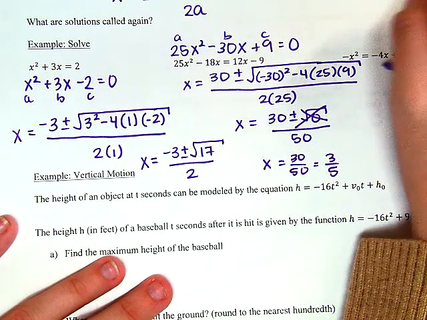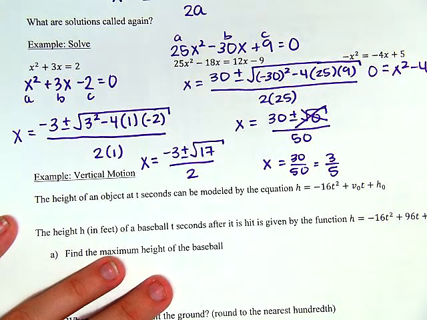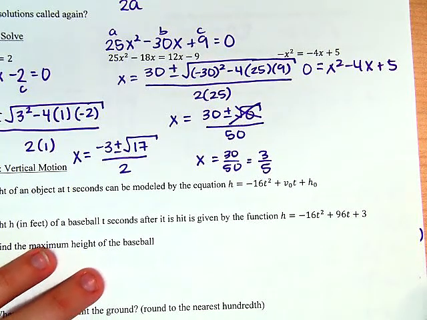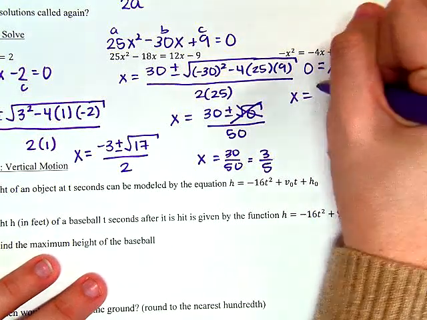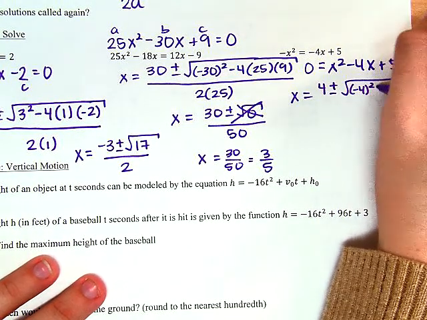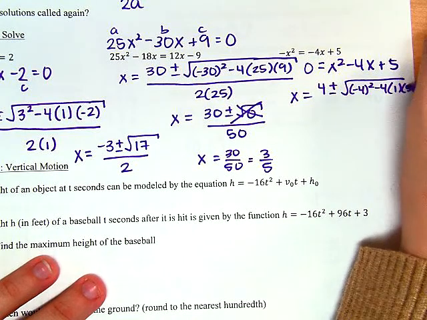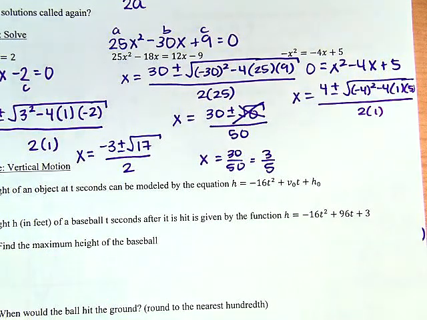Last one, I'm going to bring this x squared over, so I have x squared minus 4x plus 5. So that when I solve this thing, I do x equals -b, so 4 plus or minus my square root of -4 squared minus 4 times 1 times 5, all over 2a.